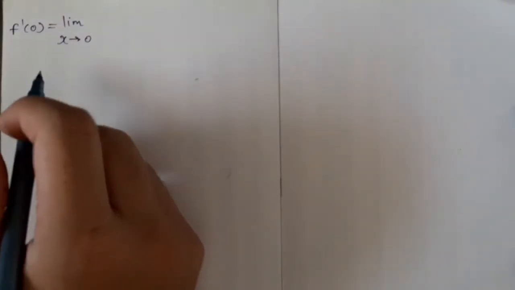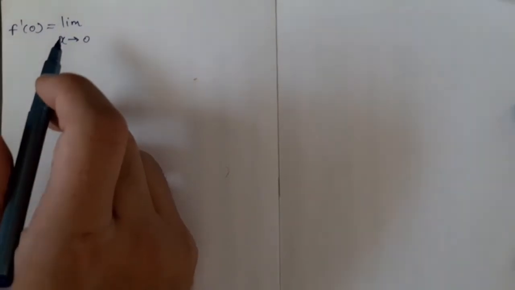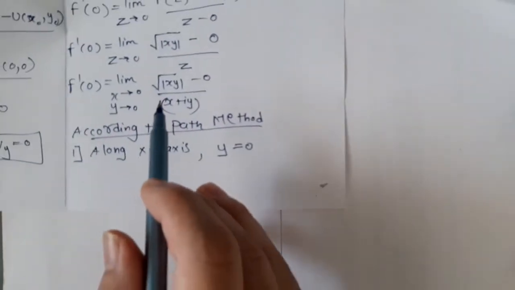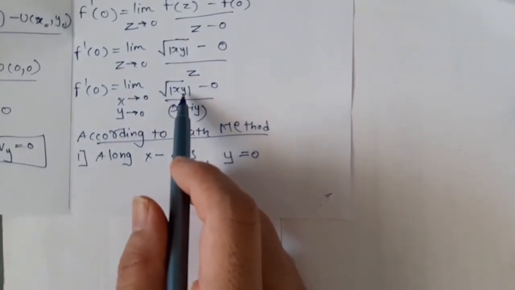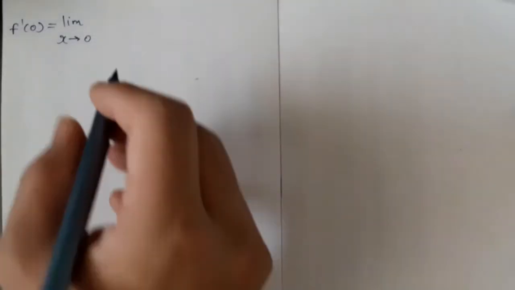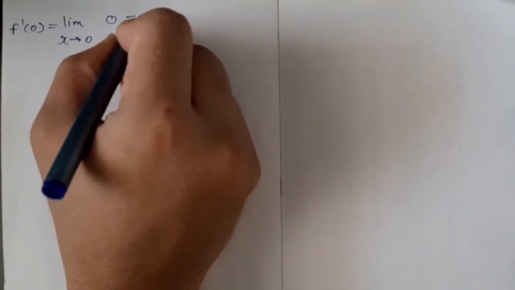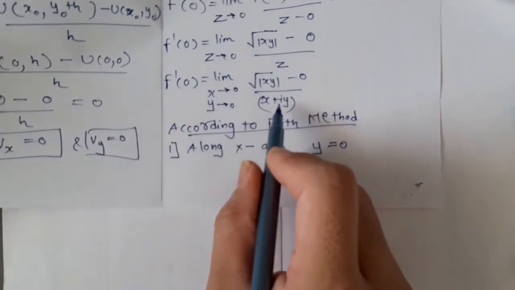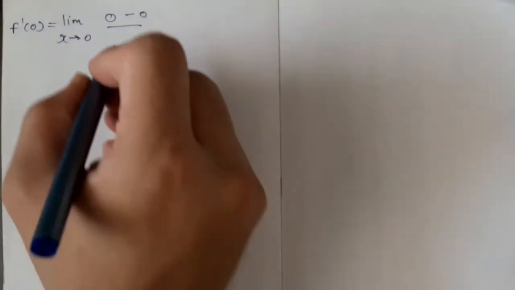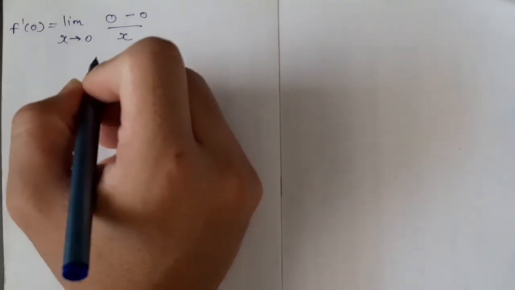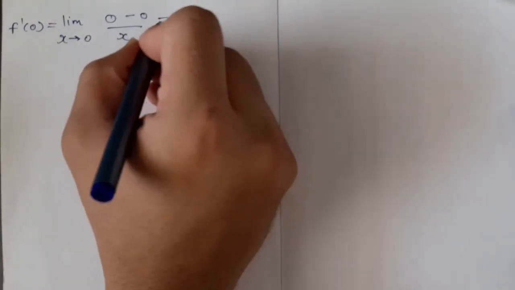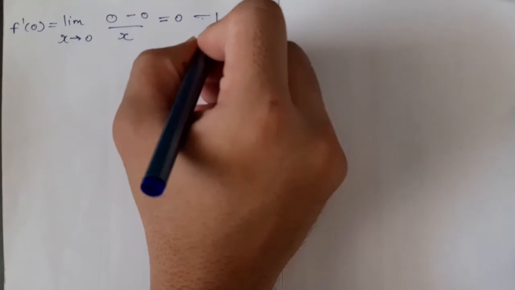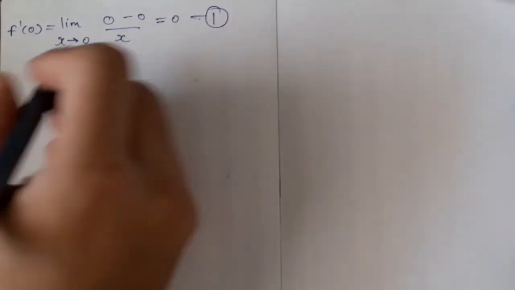Now as y is 0, we can write limit x tends to 0. If we put y equal to 0, then we get 0 minus 0 upon x only. So we will write x. So it will be equal to 0. So this is our equation number 1.